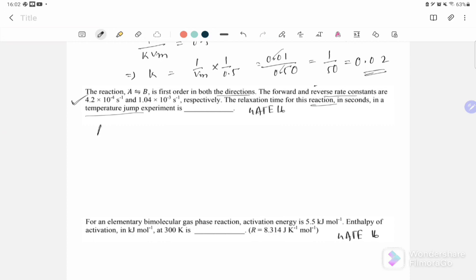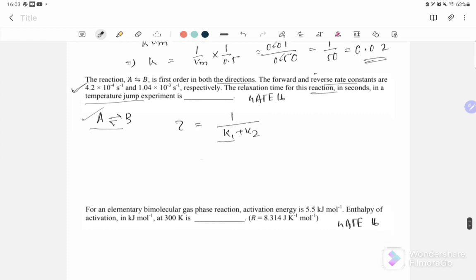But for this type of reaction, where A and B are in equilibrium, A to B, the relaxation time will be tau equal to 1/(K1 plus K2). K1 is the forward rate constant, K2 is the reverse rate constant.